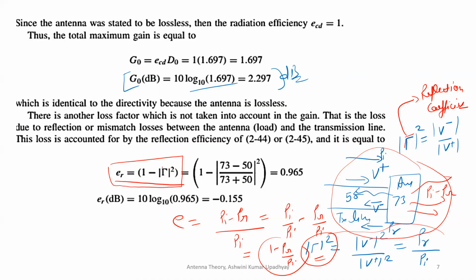So the magnitude of this reflection coefficient is basically given as ZL minus ZO upon ZL plus ZO, where ZL is the load impedance in this case, which is the antenna impedance, and ZO is the characteristic impedance of the transmission line. So you have got all these quantities given in the example. If you put them in, you will find the efficiency of this transmission line antenna combination comes to be around 0.965. You can also calculate this efficiency in terms of dB like this.